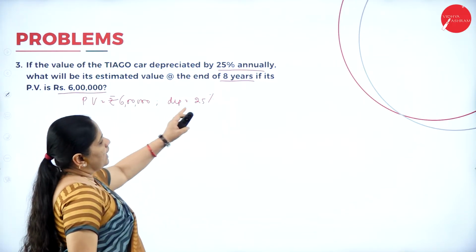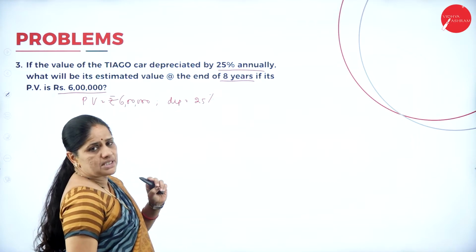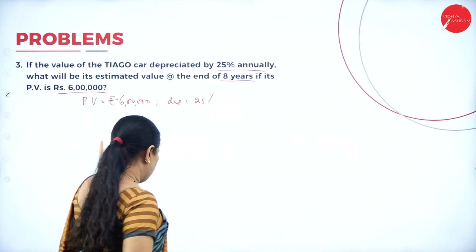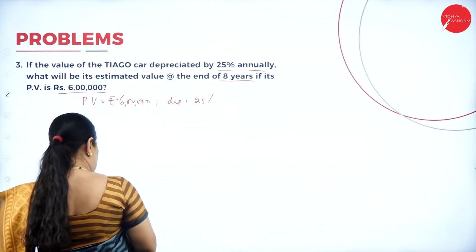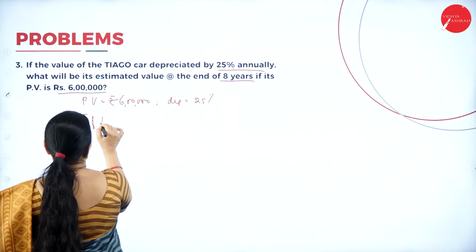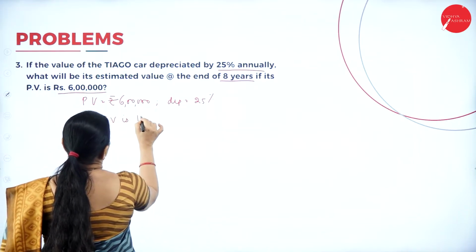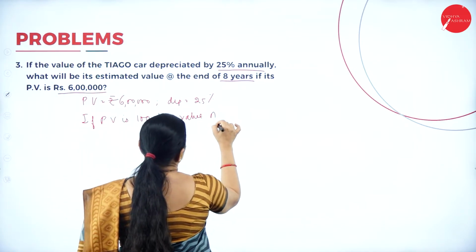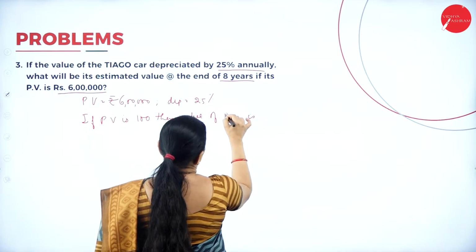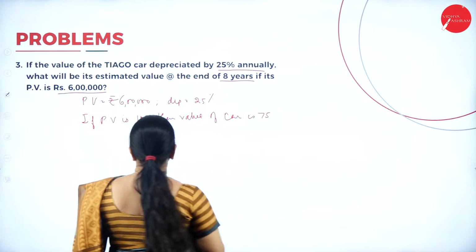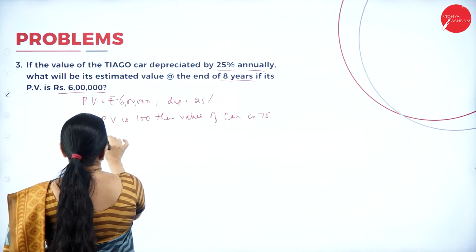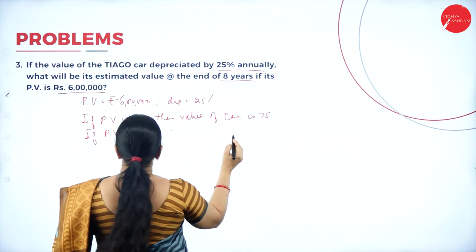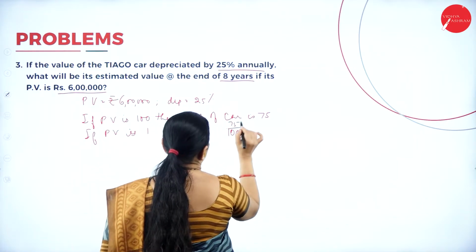Now, so if they are having a depreciation of 25%, that means the value of the car will be 75% of the original value. So, it will write if PV is 100, then value of car is 75. If PV is 1, then the value of the car will be 75 by 100.